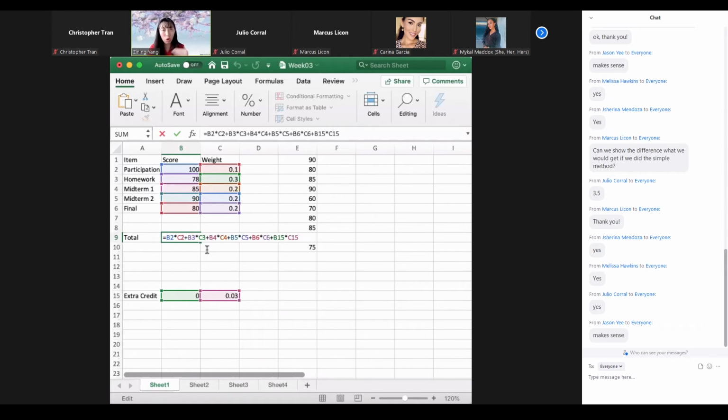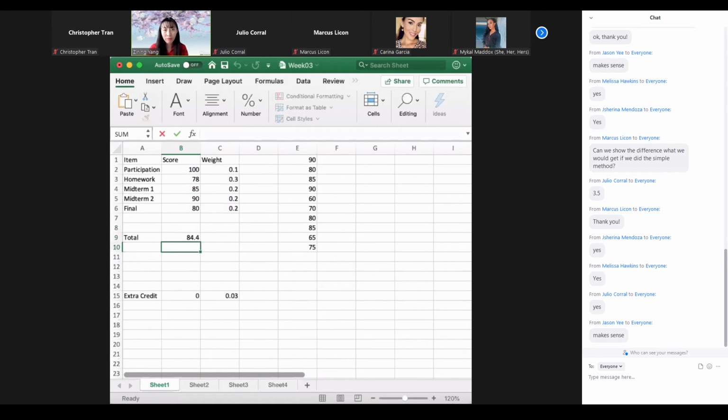The next row, B4 times C4, and then B5 times C5, B6 times C6. So we do all that, and then I'm just adding everything together. It's the sum of these products. Again, assuming we don't have extra credit, this is the weighted total.